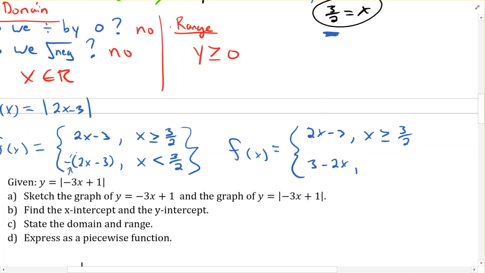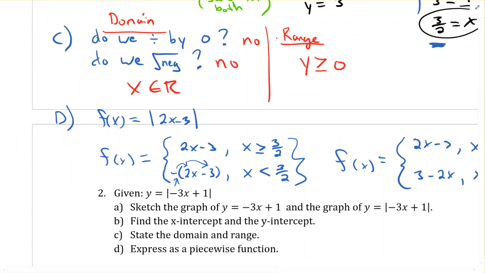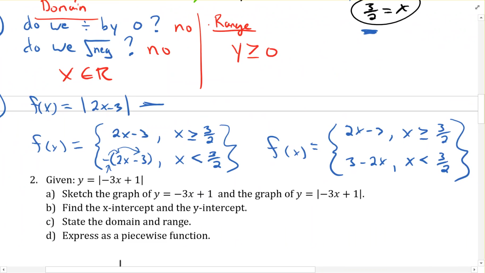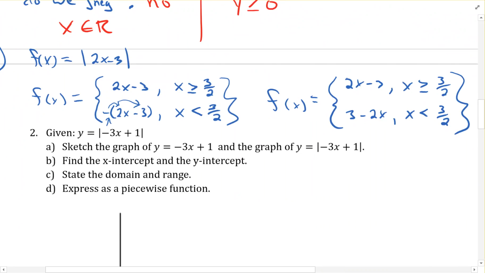All I did was distribute that negative into both of those and then just wrote the 3 in front. Just kind of changing it up on you. And then when x is going to be less than 3 over 2. So all of that is what we meant when we said this. So that's kind of what we're doing with this piecewise function. It's just splitting it up. It's giving you more information than that absolute value thing.